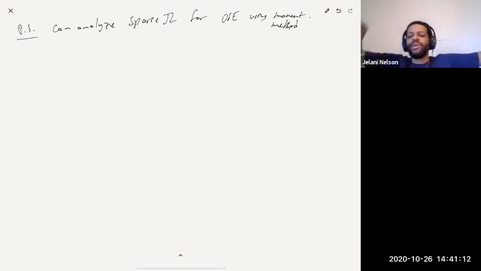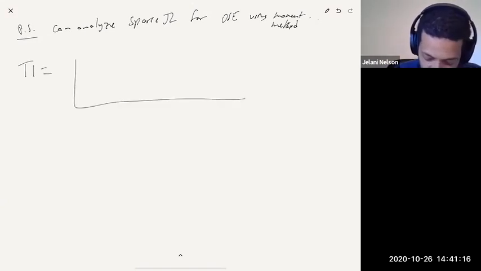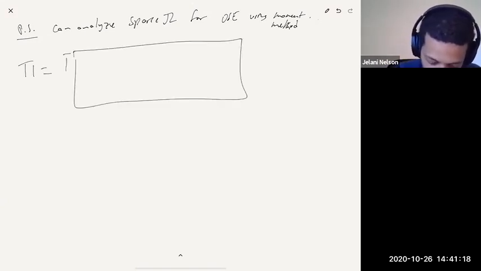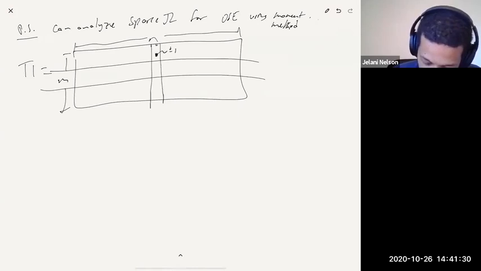If you do a net argument on sparse JL, remember sparse JL says pi looks something like this. It's basically the count sketch. It says, divide up the rows into blocks, and then in each column, you pick a random entry per block to be a random sign.